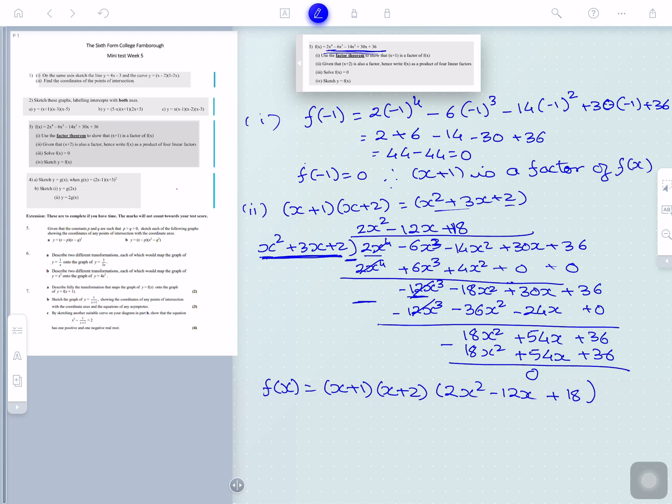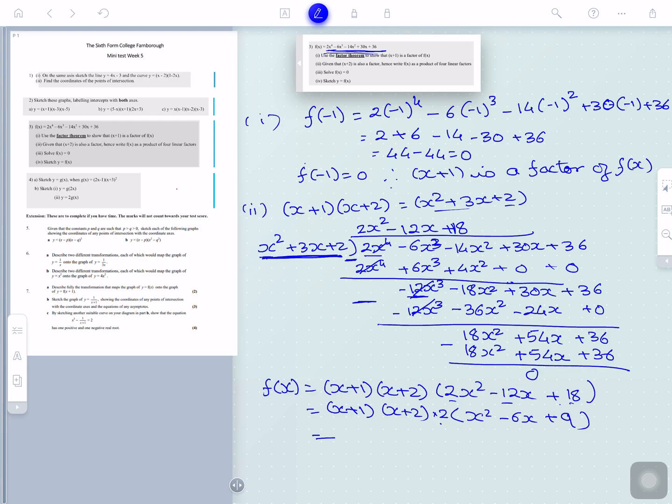Okay, so now if you look, you can take 2 out, so you can have x plus 1, x plus 2 times 2, and if I take 2 outside, x squared minus 6x plus 9.